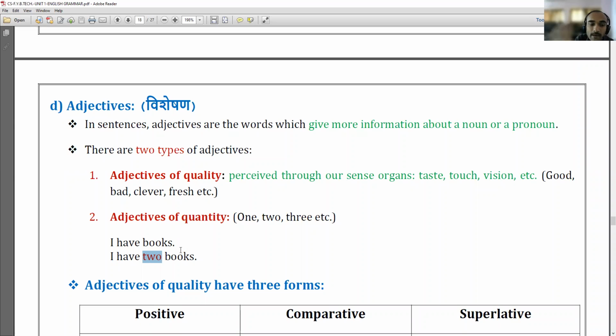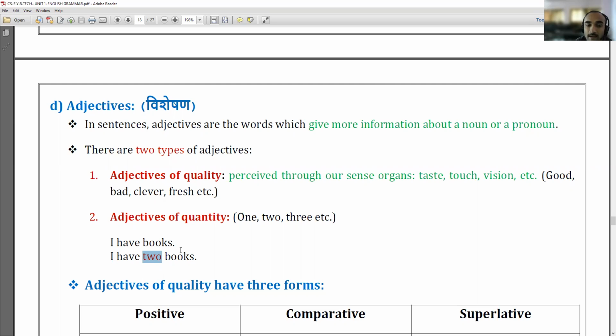So adjectives are nothing but, or we can say the definition of adjective is the word which gives more information about a noun or pronoun. नाम किंवा सर्वनामाबद्दल अधिक माहिती देणाऱ्या शब्दाला adjective असं म्हणतात.